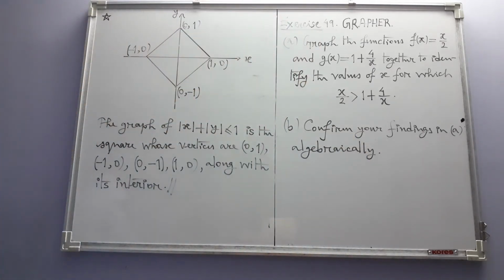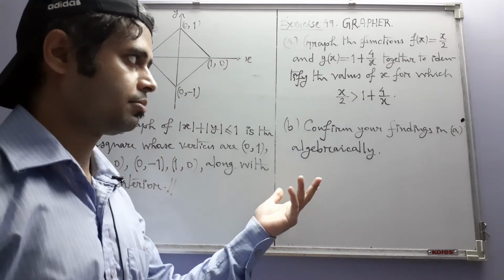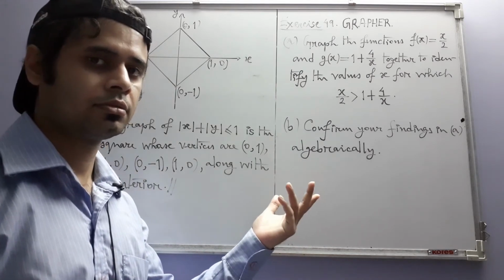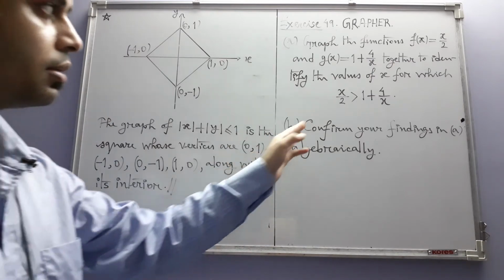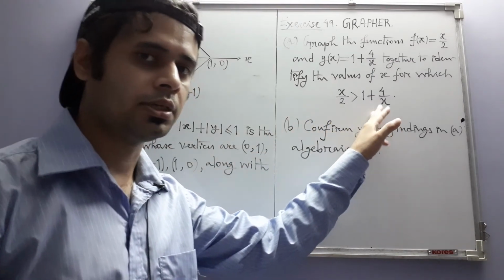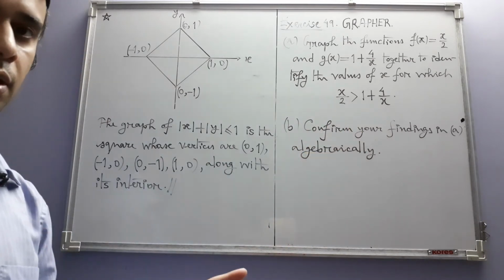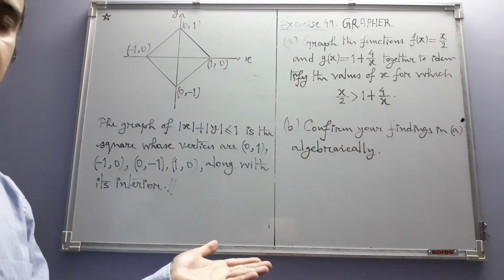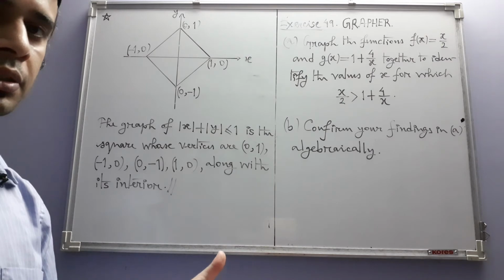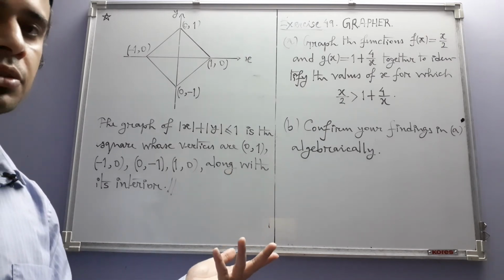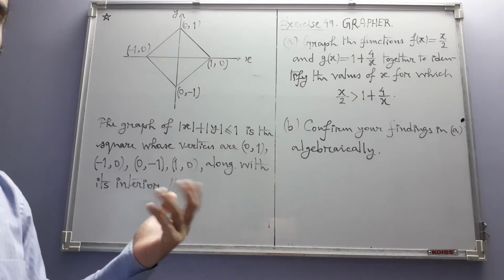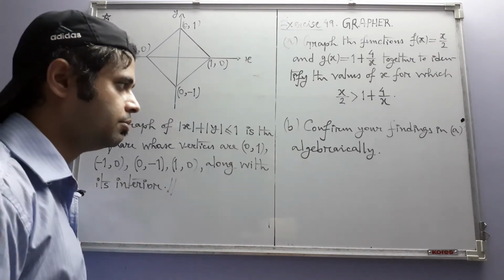So this is a graphical method to solve a given inequality by, say, considering two functions which are two sides of the inequality, then graphing those functions, and then from the graph itself you will be able to see what the values of x are for which this inequality is true.